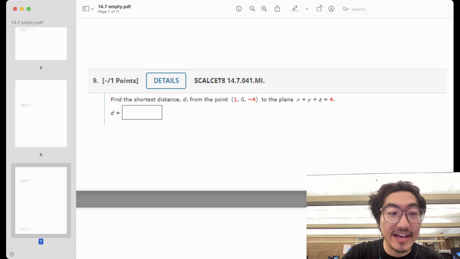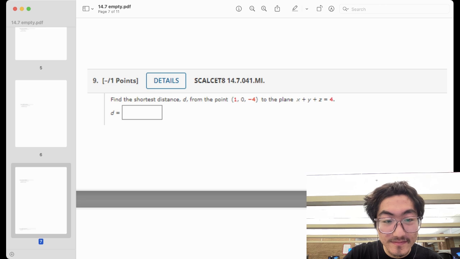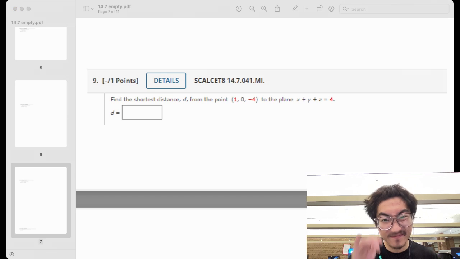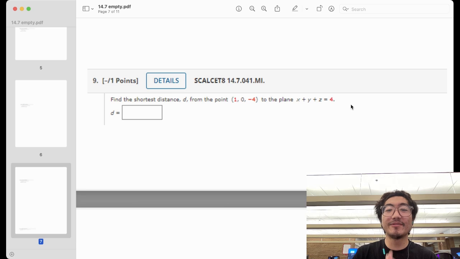Okay, number 9 is going to be a harder one, but I'm going to introduce those. The distance formula in this case: you have x plus y plus z equal to 4.